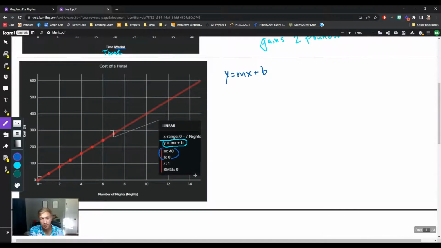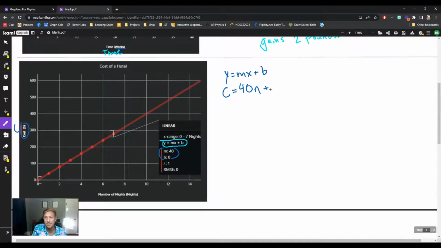No need to do rise over run, anything like that. So my y variable in this case is cost. We're going to call that C here. So that is C equals M, my slope, 40, X, number of nights, we'll just call it N for now. That's fine. Something that makes sense with the data that we have, plus B, which is just 0.